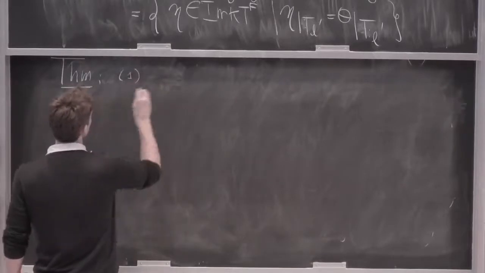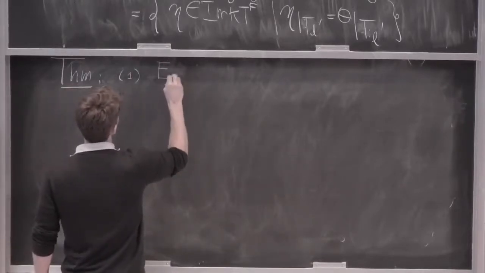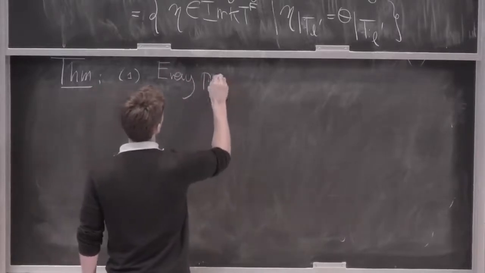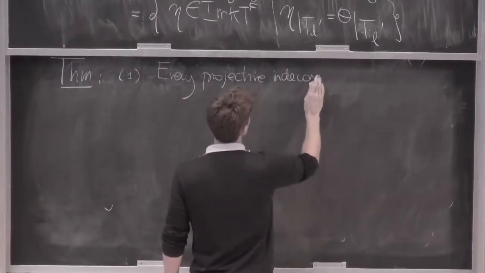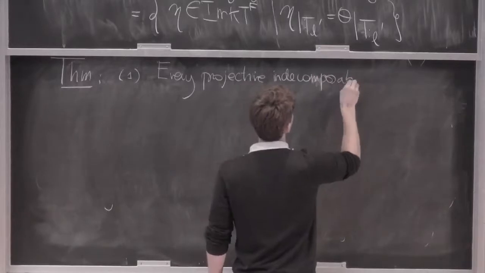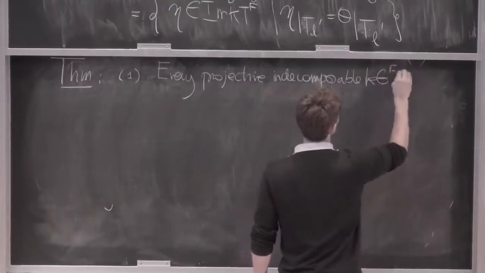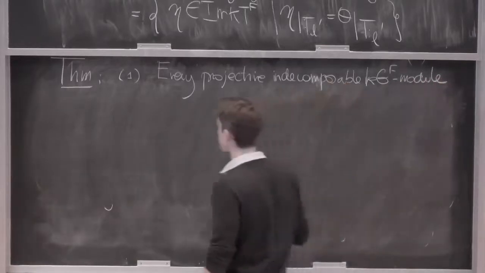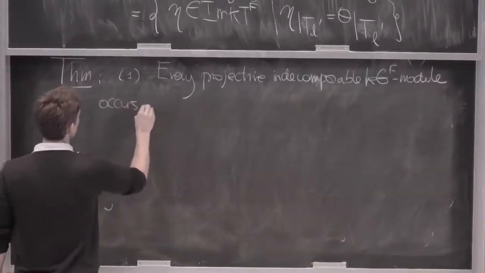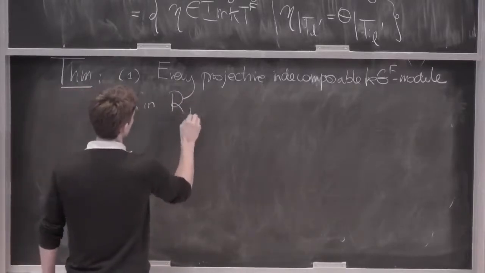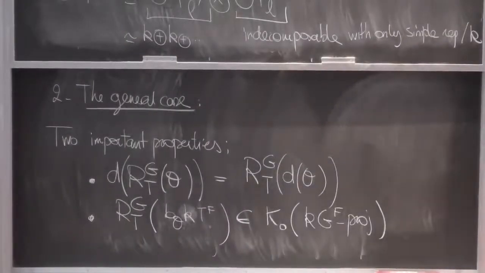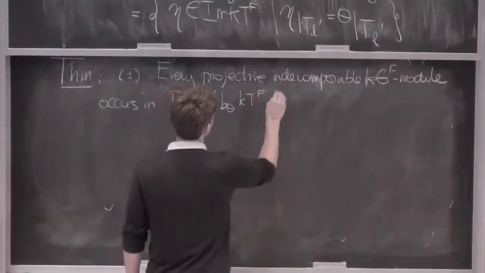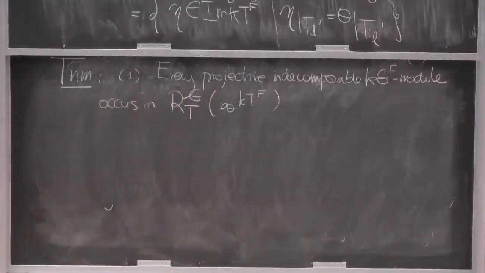Here there is a similar statement: every projective indecomposable kG-module occurs in one of these virtual projective characters. That's the first thing, really this generation statement. And you can actually deduce it from characteristic 0.